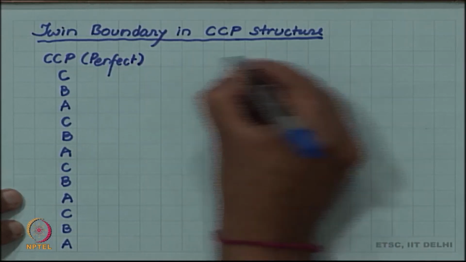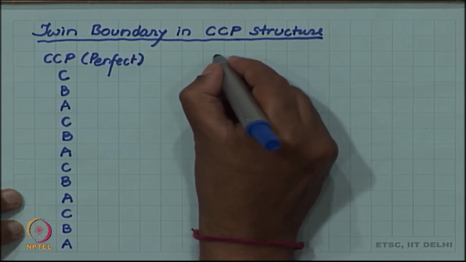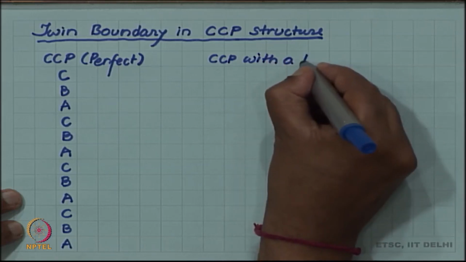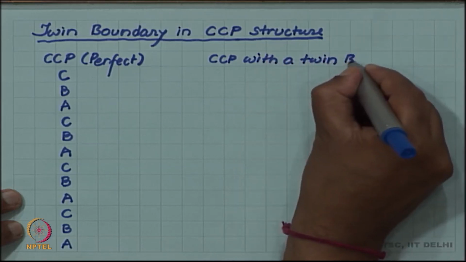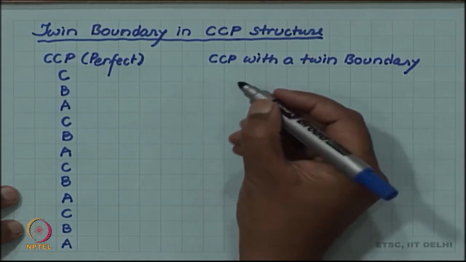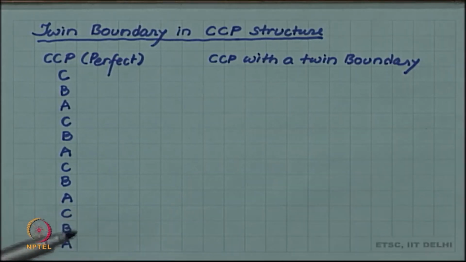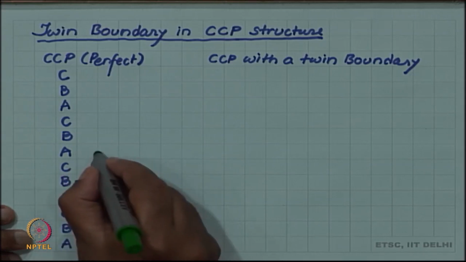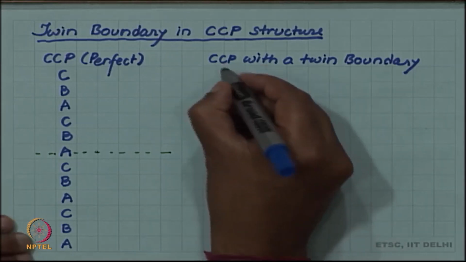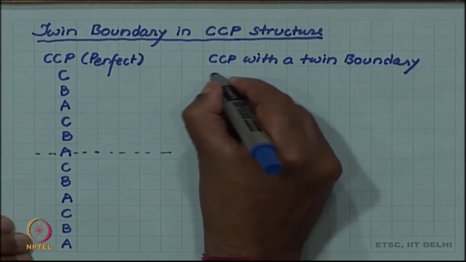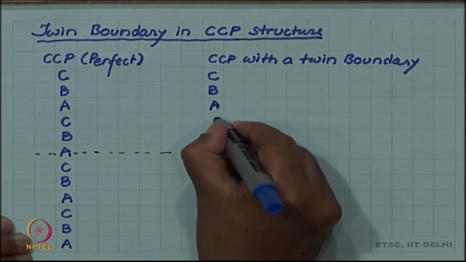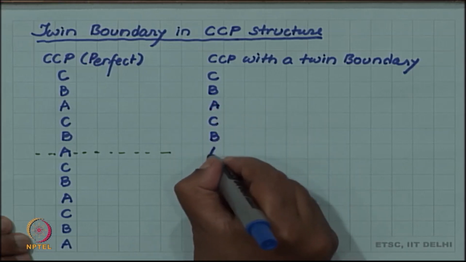Let me try to create a faulted CCP in which there is a twin boundary. So, suppose I think of one plane, let us look at this A plane, and I keep the same orientation as in the perfect crystal up to that A plane, which is going to become a twin plane now.